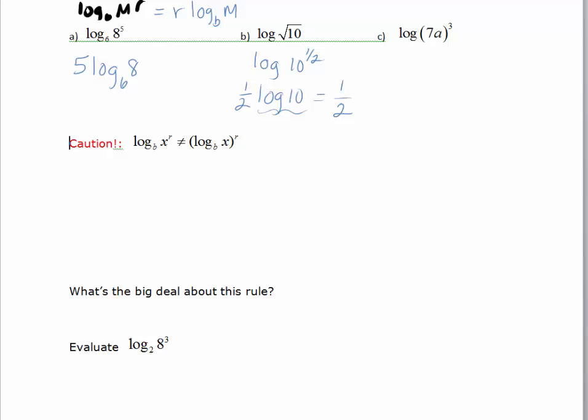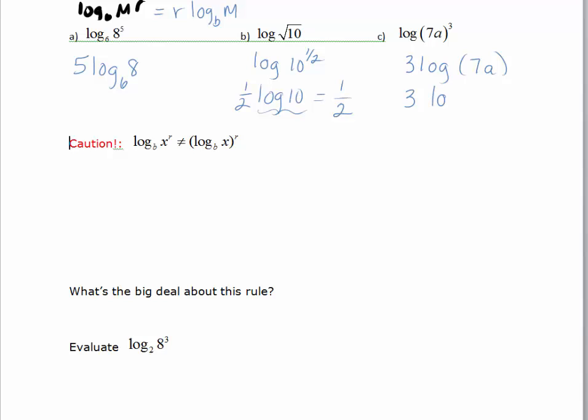And the last one, I'm going to show you two different ways to do this one. One is to use the power rule first and then simplify, and the other would be to expand a little bit first, raising that expression to the power of 3 and then using the power rule. So let's first use the power rule. We'll bring the 3 down as a factor first. Now I'm multiplying 3 times the log of a product, and the log of a product is the sum of the logs.